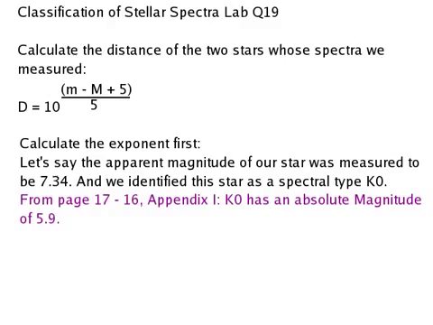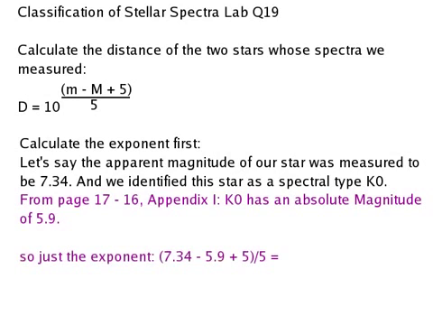So we can plug that into the formula, just the exponent. It's going to be lowercase m, which was 7.34, minus uppercase M, which was 5.9, plus 5, parentheses closed, and then divided by 5.